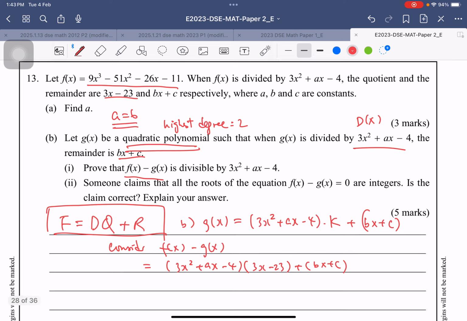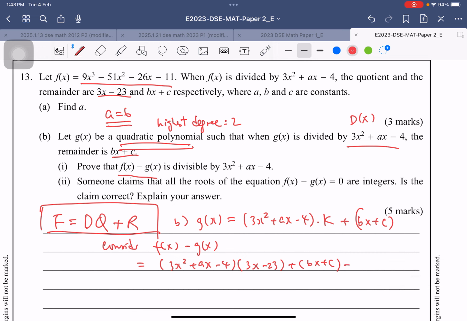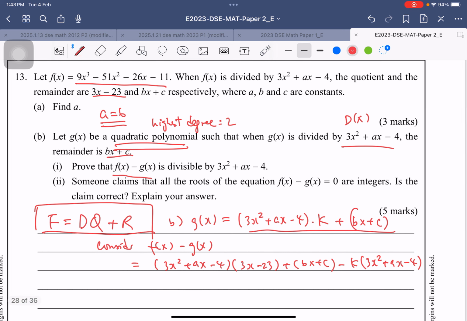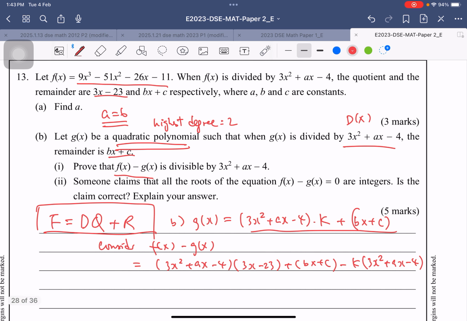And then you minus the g(x), so you minus the whole thing here, minus k times 3x squared plus ax minus 4. And then this is plus, so you need to change the plus to minus bx plus c. Is this okay? So the whole thing here is f(x) minus g(x).